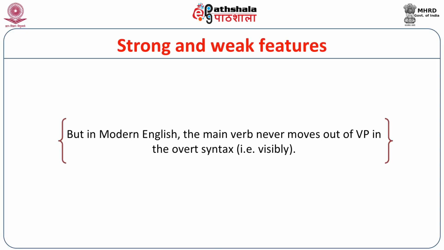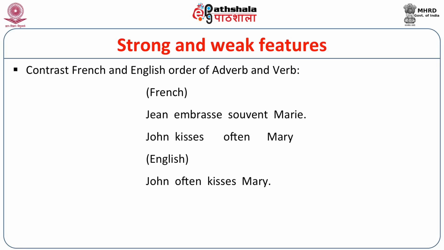This is not true of the other European languages. This is also not true of Old English or Middle English, but this is a feature of modern English. How do we say that in modern English the main verb does not raise to tense in the visible part of the syntax? Let us contrast French and English.